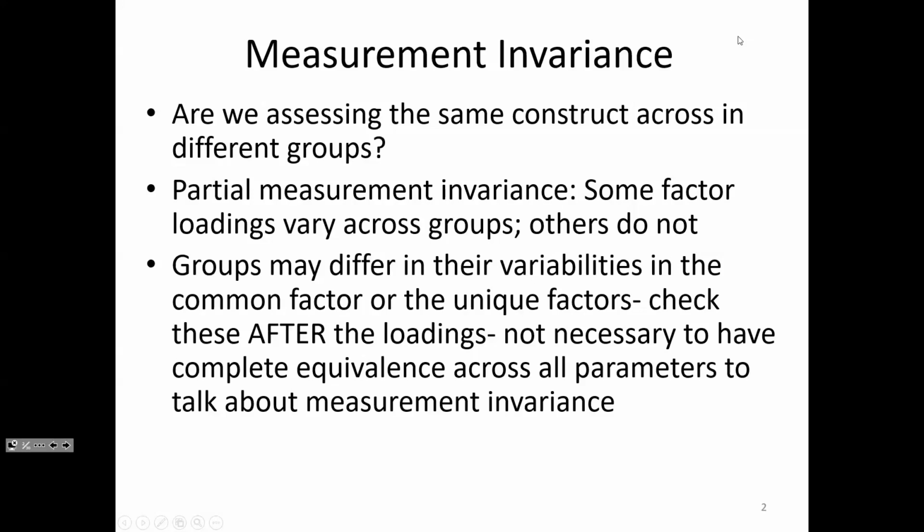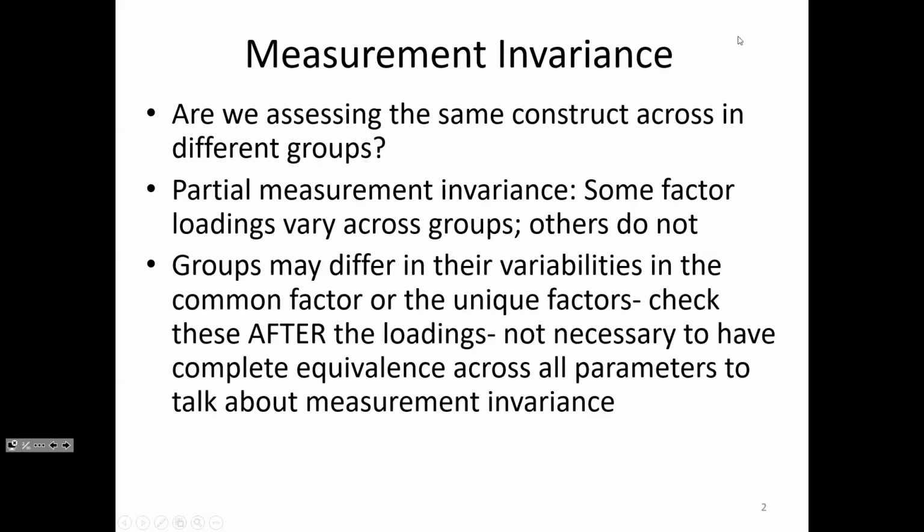But it's not as good as being able to actually say that this item does function the same way for boys and girls in terms of loadings and intercepts. Do you know what I'm saying? This is where it's tricky, because in the ideal world, you absolutely want to get to complete measurement invariance.